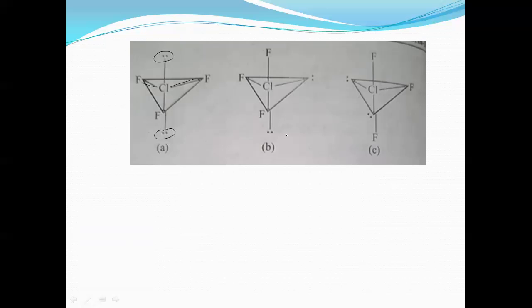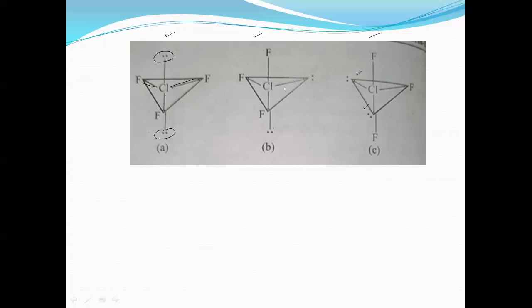The other possibilities are one lone pair at an equatorial position and the other at an axial position, or both at equatorial positions. So it is 2 axial, 2 equatorial, or 1 equatorial and 1 axial. Out of these 3 possibilities, which is the best?